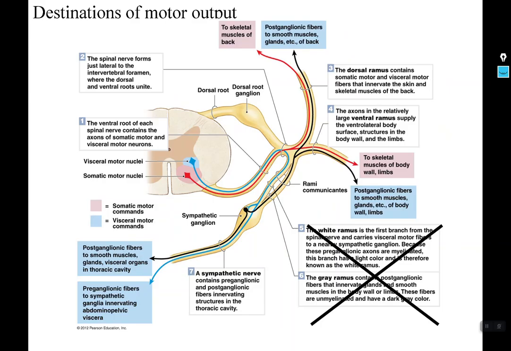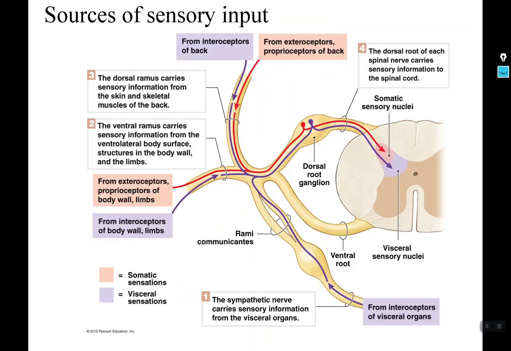And then motor output is going to be to skeletal muscles and then anything else. So we'll get more into this when we get to the autonomic nervous system, because basically the autonomic nervous system gets its own chapter because it has its own arrangement of things, and it's just complicated enough that we treat it separately from the somatic nervous system.